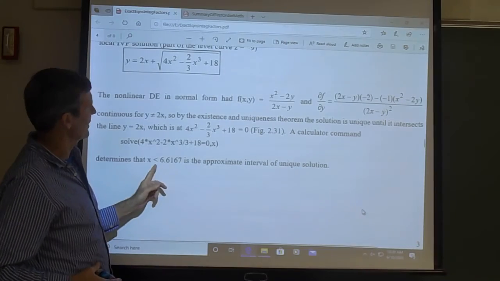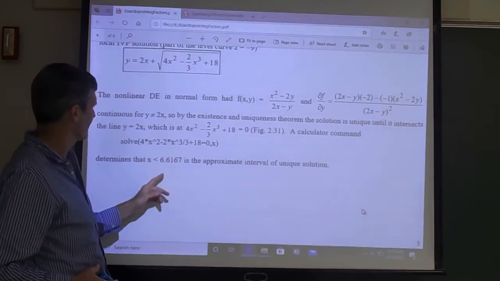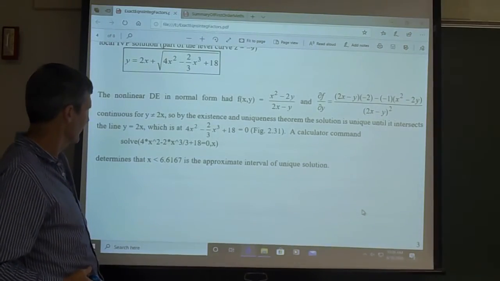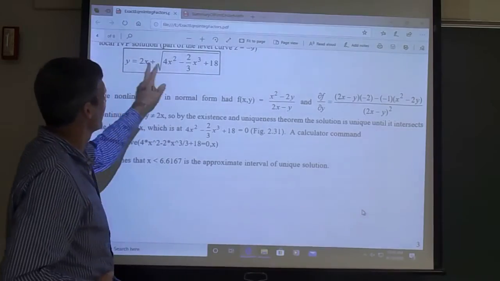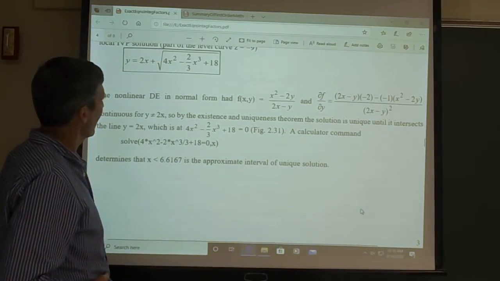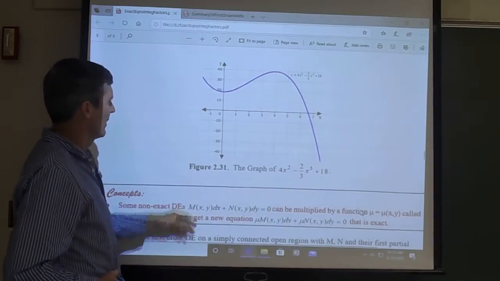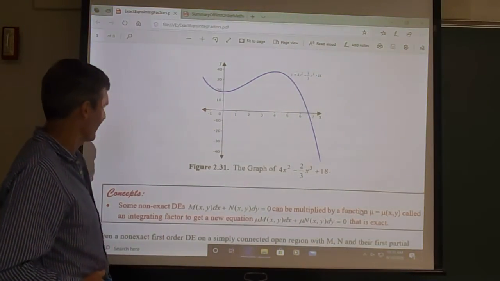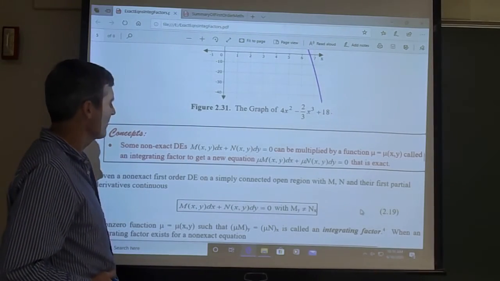You want the side of this point where the argument is positive, and it comes out to be x less than 6.6167. That is the interval of the unique solution to this problem. That's where this is a differentiable function of x and satisfies phi equals c. How about that? There's the plot. That's what our solution looks like. All right. Fun. I think this is kind of a beautiful section.